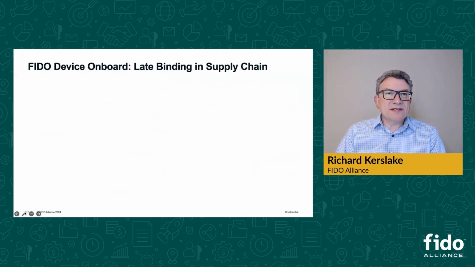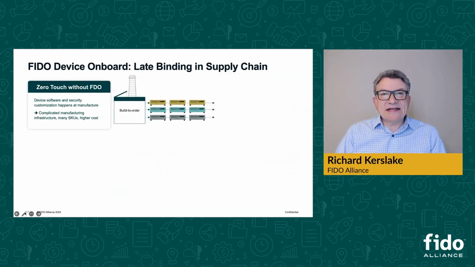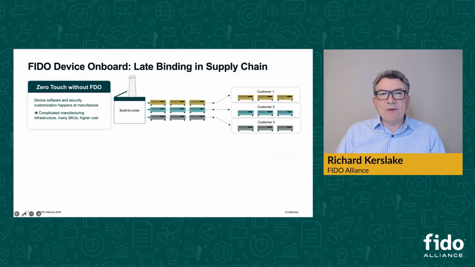I mentioned the late binding capability. Late binding says, look, today, typically, when you use an onboarding solution that says it's zero touch, and there are several out there, the big difference is they all require that you program in unique credentials at the point of manufacture for each customer. So customer one, customer two, customer three all get unique SKUs of the device.